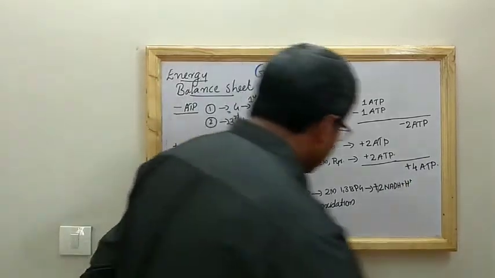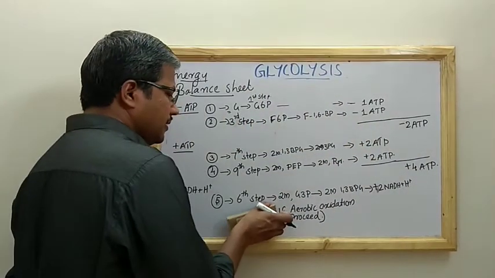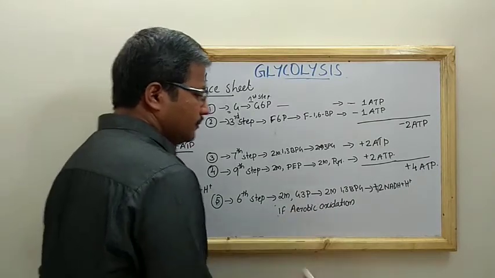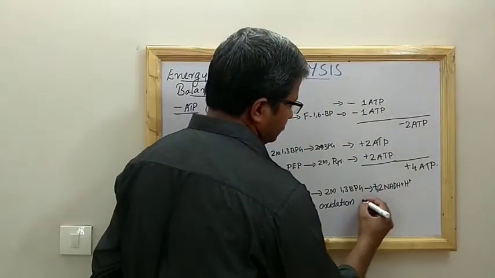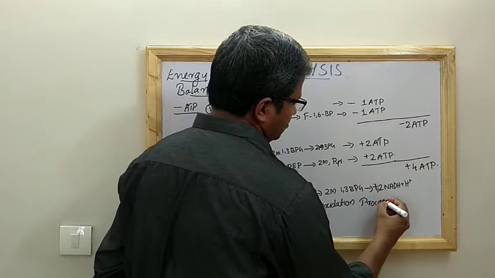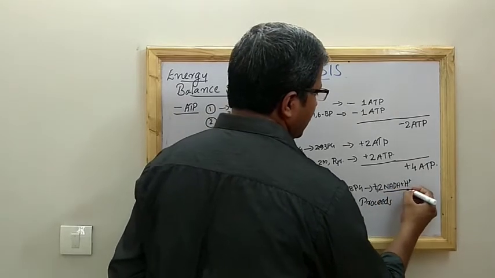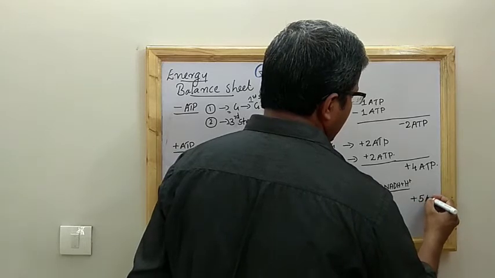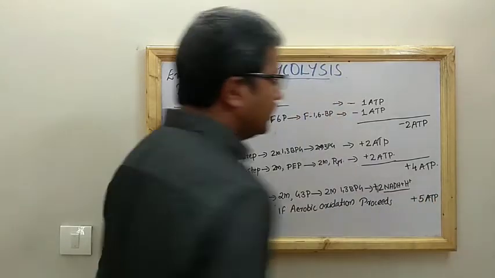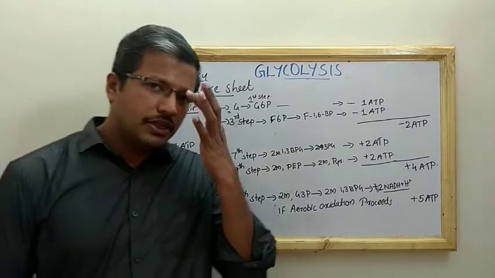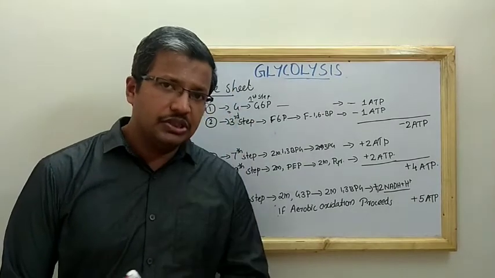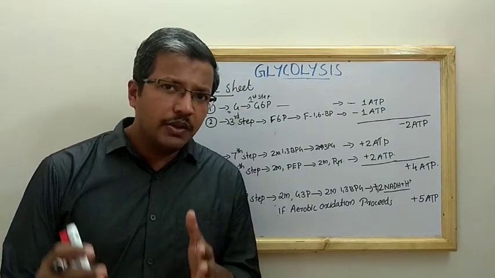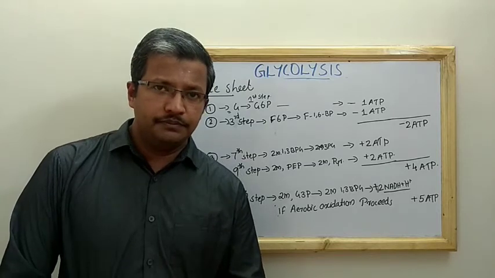If aerobic oxidation proceeds, what will happen? This NADH will be converted into 5 ATP. We have learned that the electron transfer potential of NADH is equal to 2.5 ATP molecules.